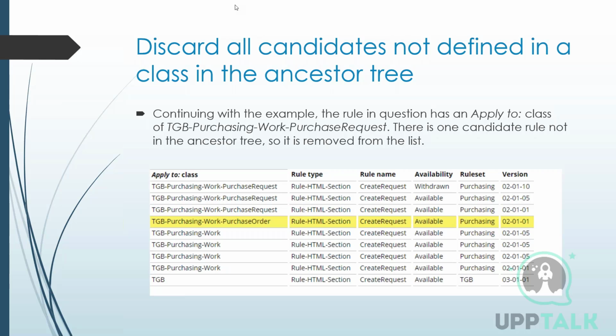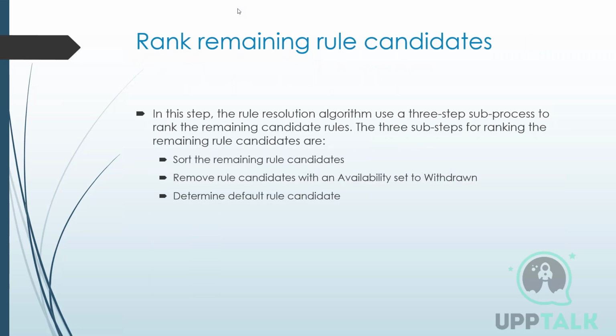So this elimination process involved 2 or 3 steps where we have eliminated some rule candidates. Now, almost the last step is going to be ranking the remaining rule candidates. You would give them a particular order. You will sort those rules because this order is going to be important.